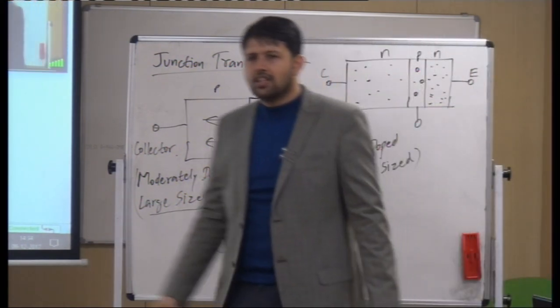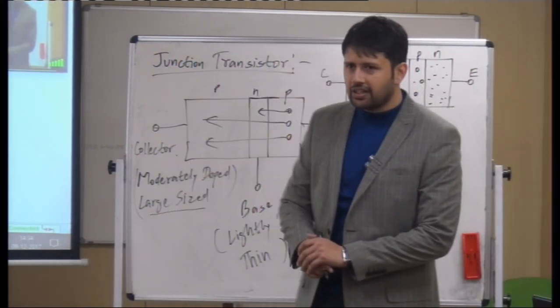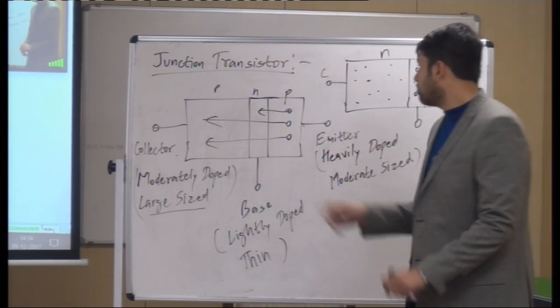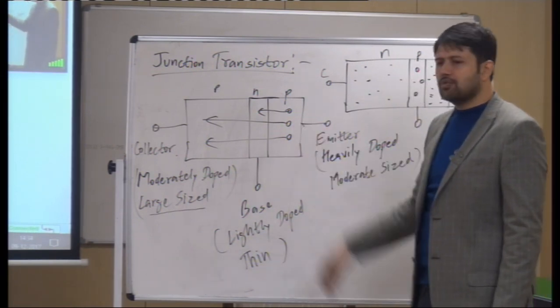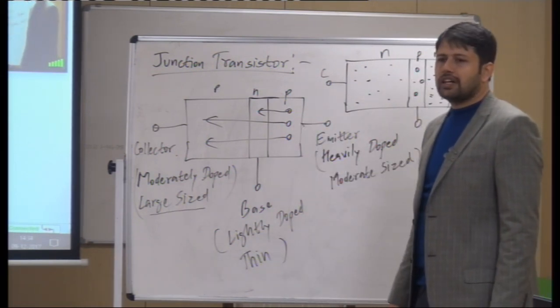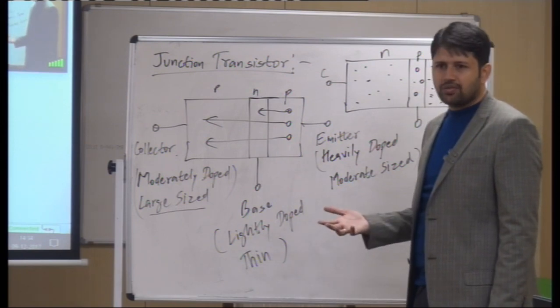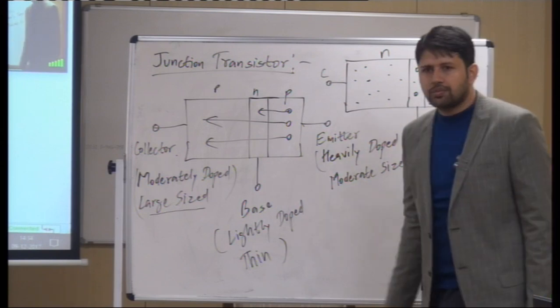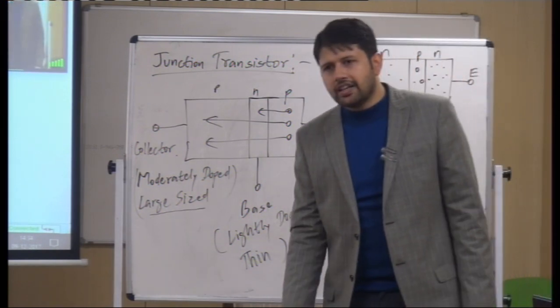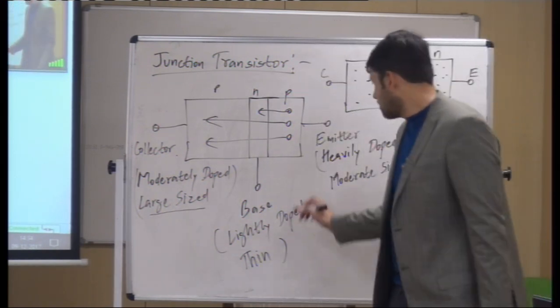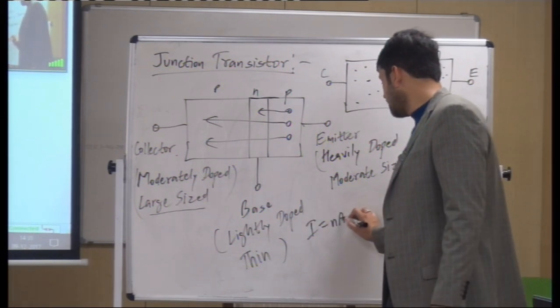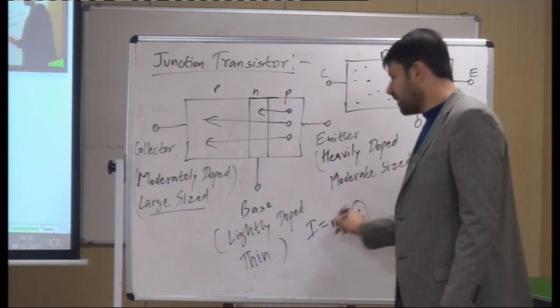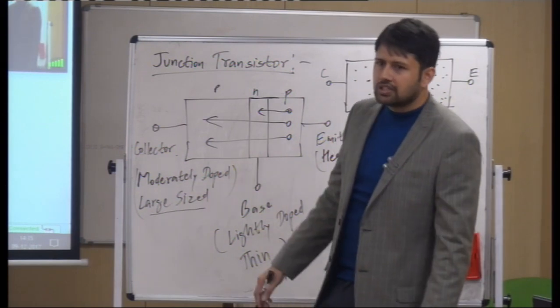The reason for that is that holes are less mobile. A PNP device involves major movement of holes, so it would produce lesser current for the same voltage because the holes move slowly, right? So their drift velocity would be less, and I is nAeVd. If this is low, current would be low. So because of holes, the current would be low.